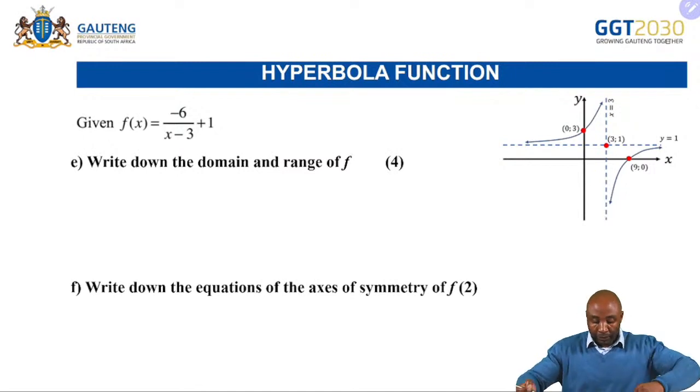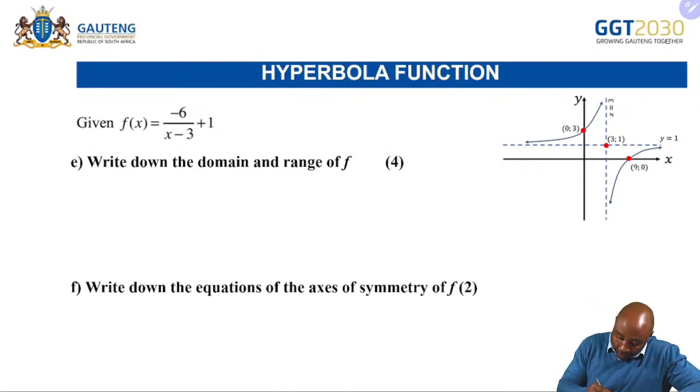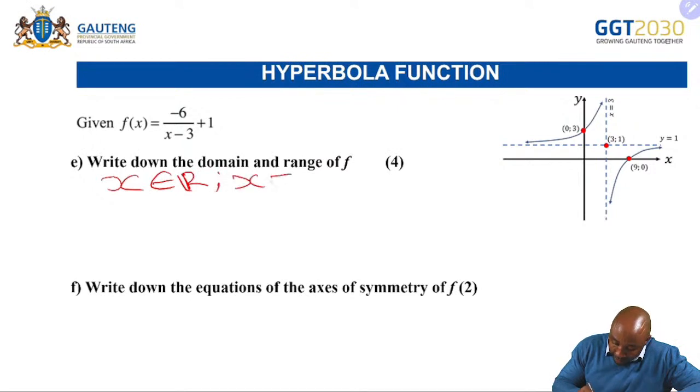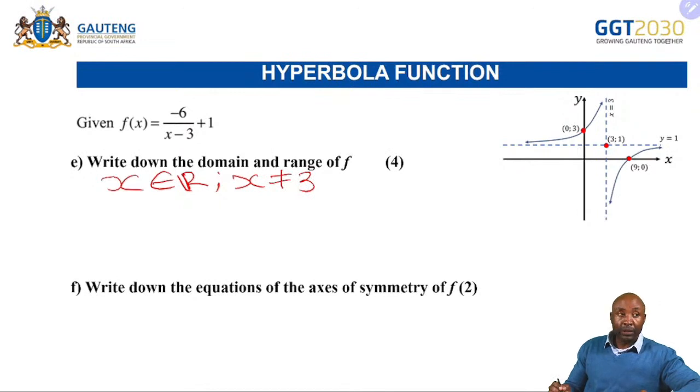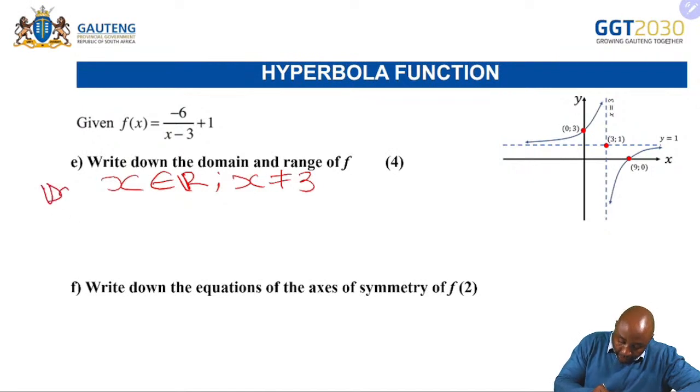Now, the domain, we know that our x is an element of real numbers, but our x cannot be equal to 3 because x equals 3 is our vertical asymptote. Our range, so that's our domain.